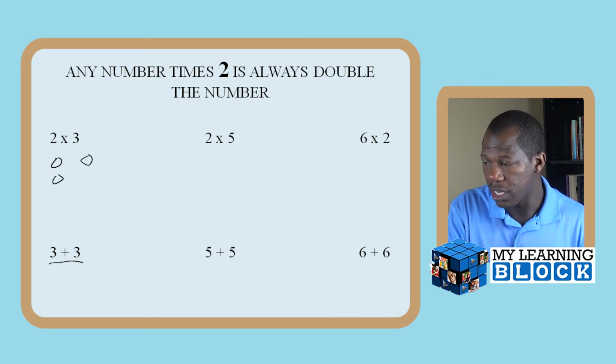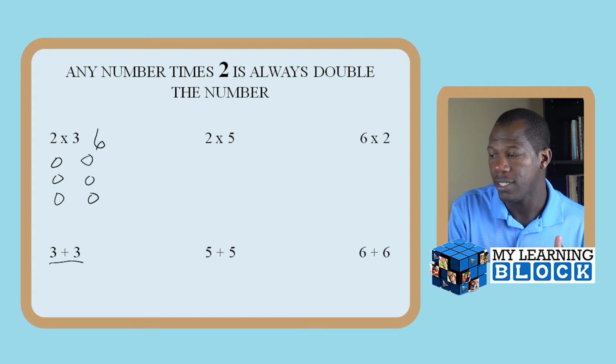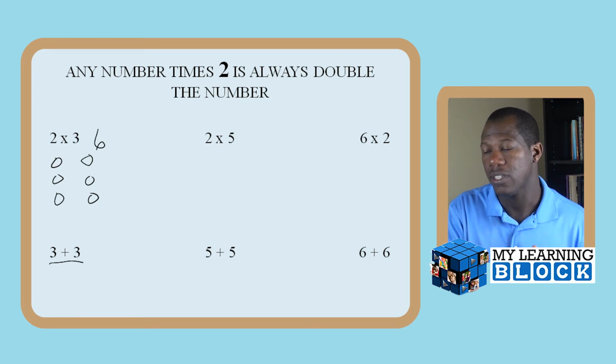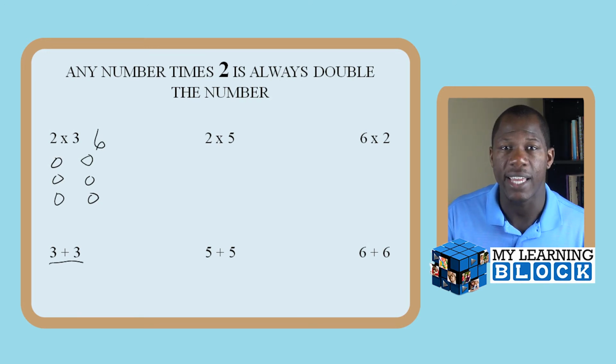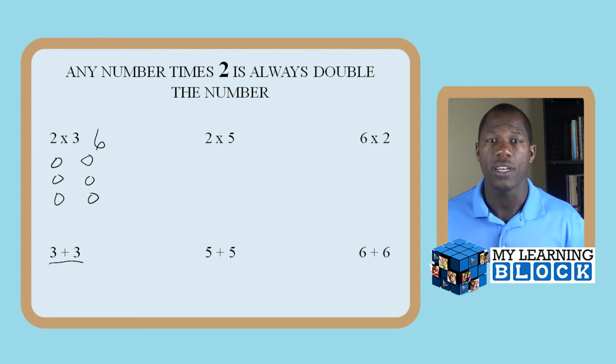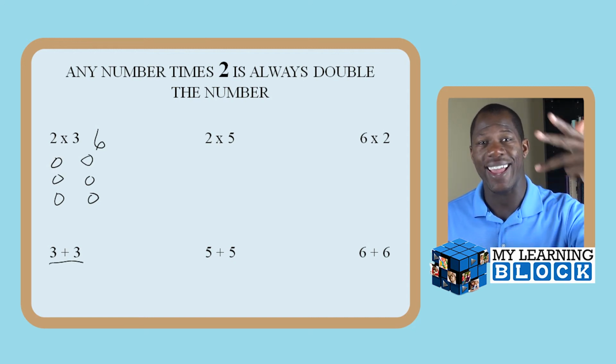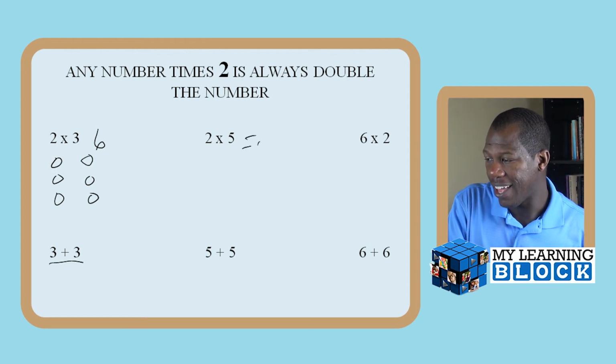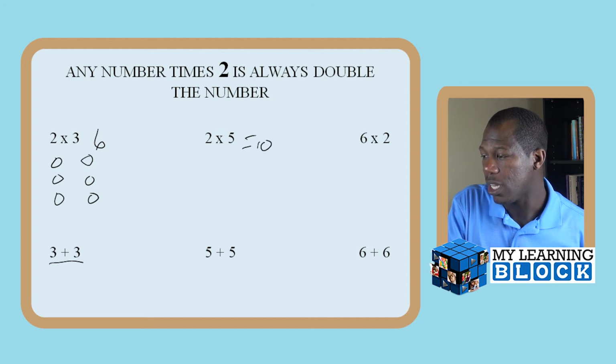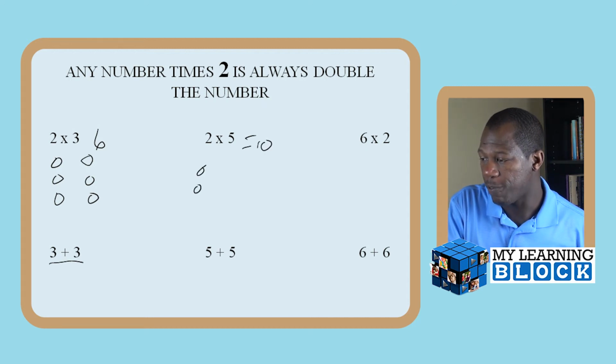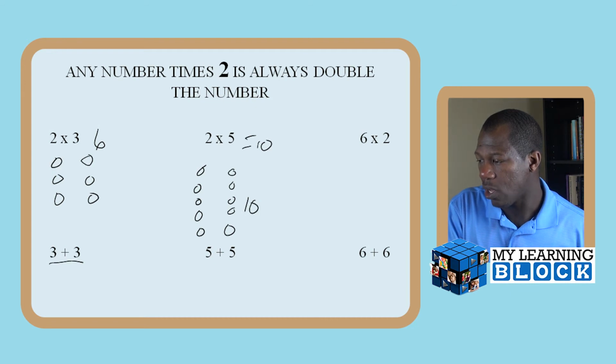Or you can set up your 2 groups of 3, and again you see that all 3 ways you'll get the answer 6. Now 2 groups of 5, again you could go with the fingers 2, 4, 6, 8, 10, and I have my 10. You could also go with your 2 groups of 5, 1, 2, 3, 4, 5, 1, 2, 3, 4, 5, and that's also 10.